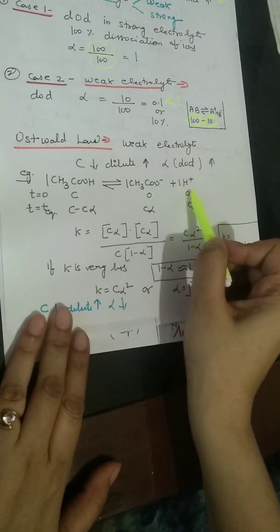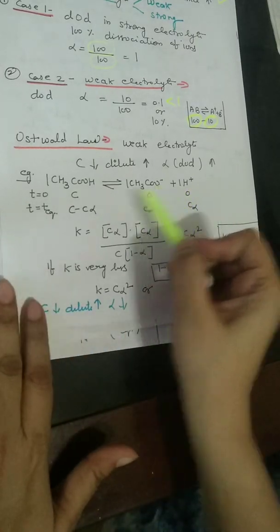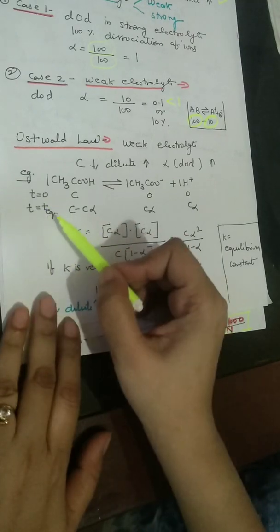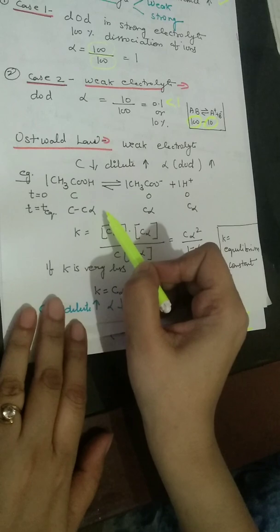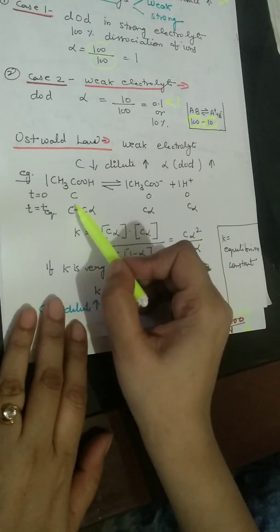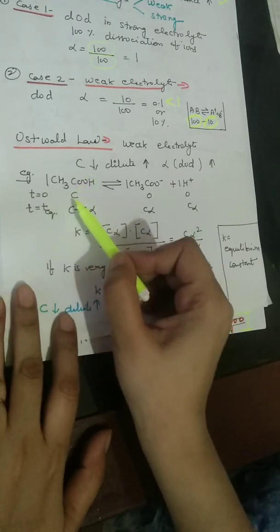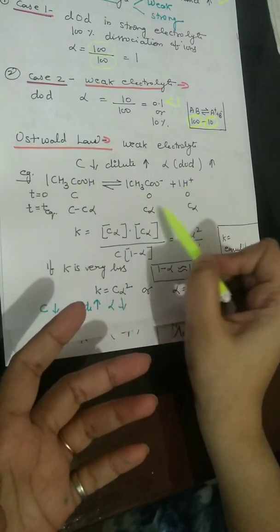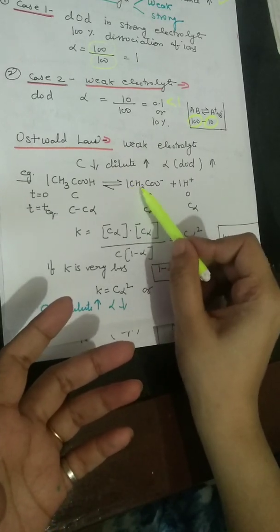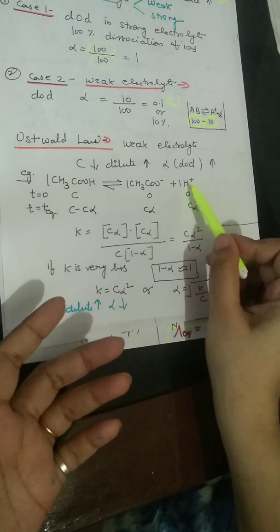The ion concentrations are 0 and 0, because ions are not yet formed in the solution. Now after time t, it is at the equilibrium state. Only alpha fraction of the molecules will dissociate. So C alpha will be deducted from the total concentration, giving C minus C alpha. And the amount of ions formed is C alpha of CH3COO minus and C alpha of H plus ion.